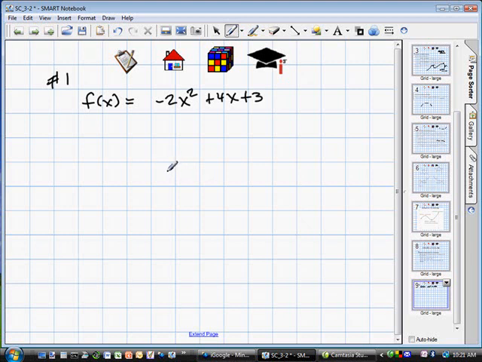We need to find the first derivative. And that's nice and easy in this case. Now, when is that slope, or first derivative, equal to 0? And then just solve it.